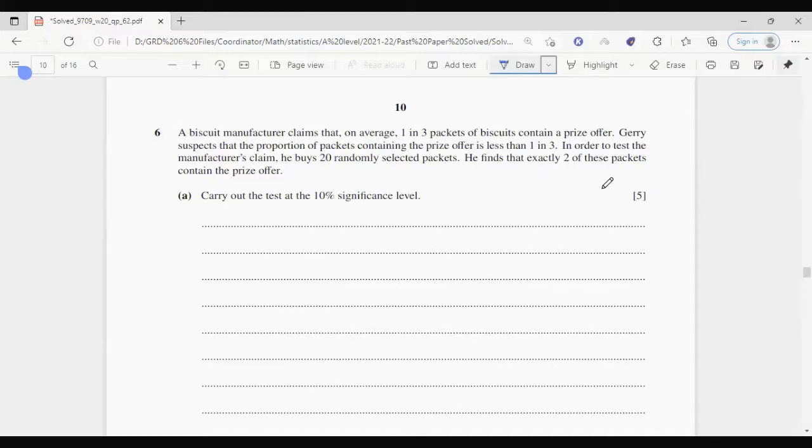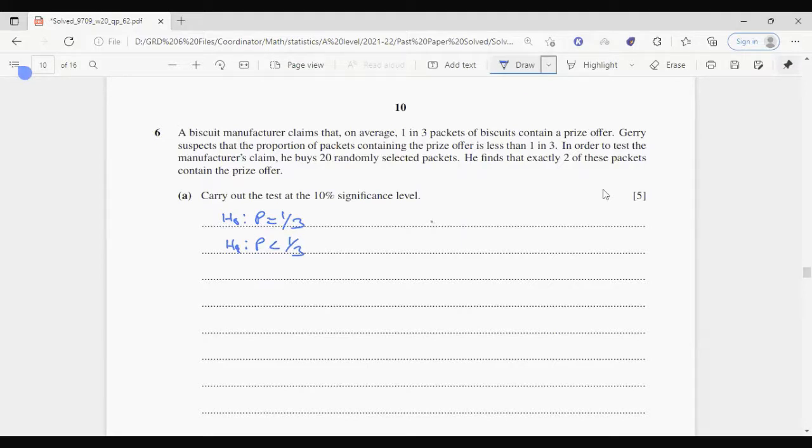Carry out the test at 10% significance level. So the claim H0 is that the probability of a packet containing the prize offer is 1 in 3. Now the alternative claim H1 is that it is less than 1 in 3.